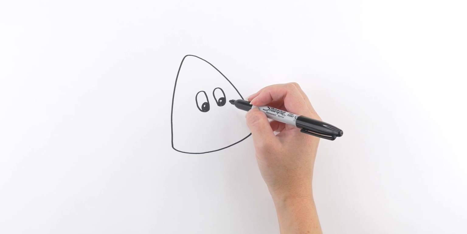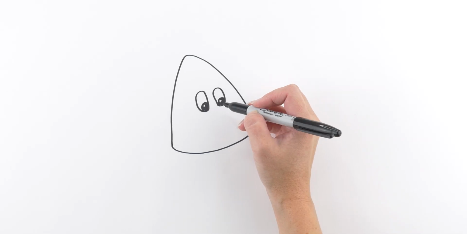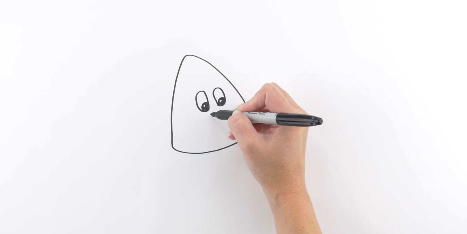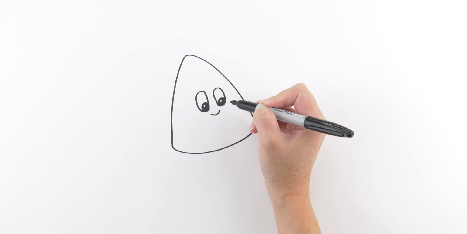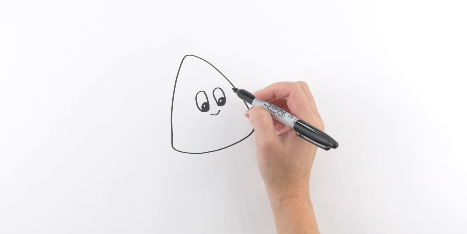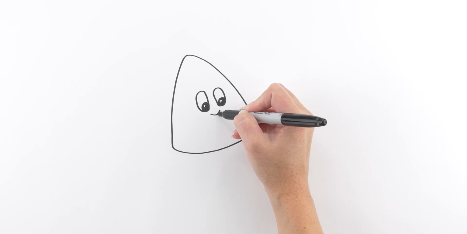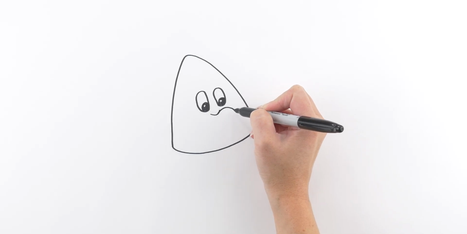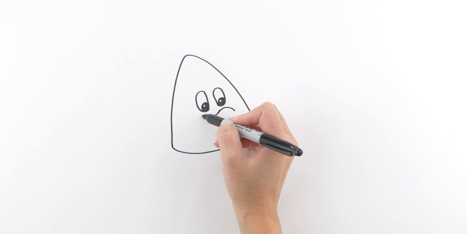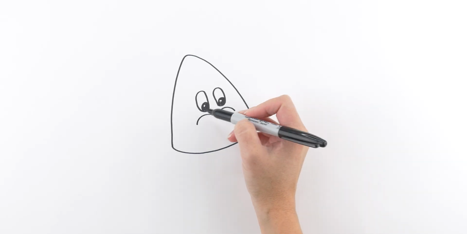So we're going to draw a scared expression. All right, so we will actually start out with a smile here. And then we're going to transform that by building onto this shape. We'll come down on this side and down on this side.